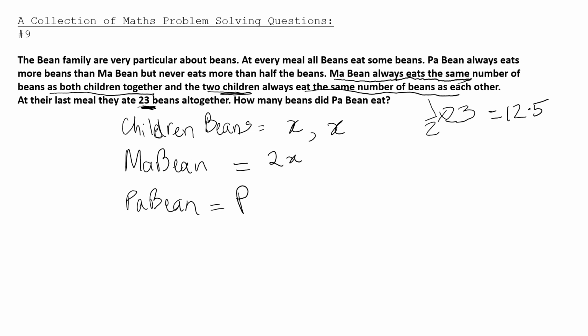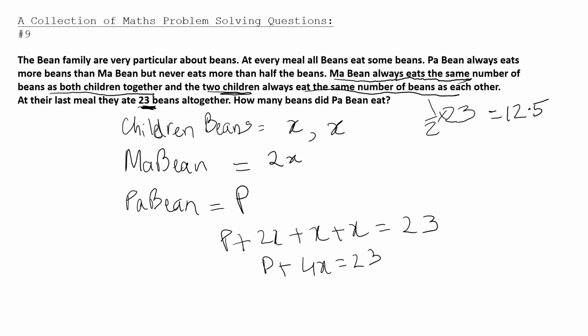So if I take Pa Bean as P, then P plus 2x, the mother and the children, should add up to 23. So we get P plus 2x, 3x, 4x equals 23.